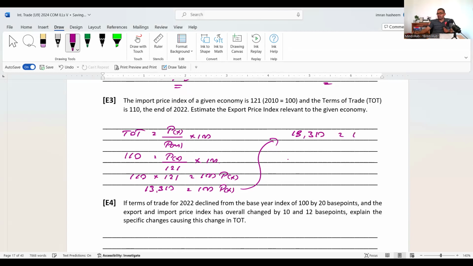13,310 equals 100 PX. So we end up with the export price index of 133.1. What do you guys think? We are okay?